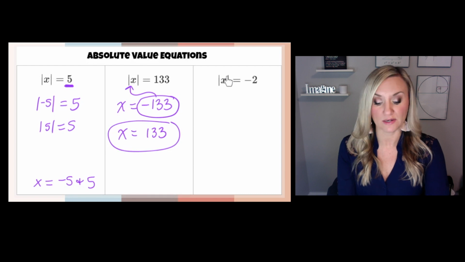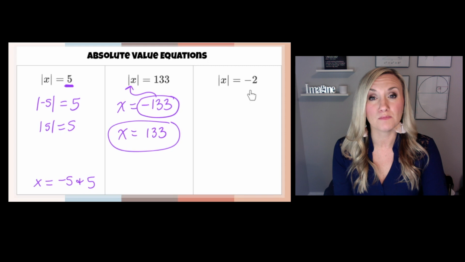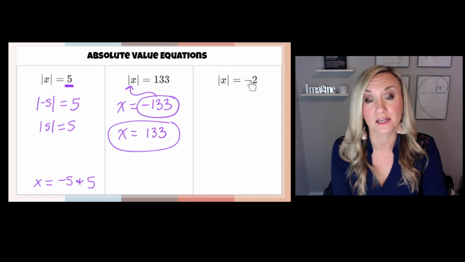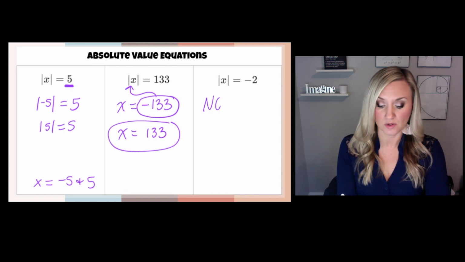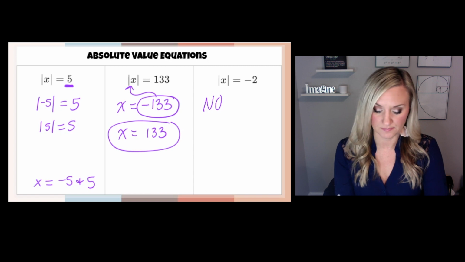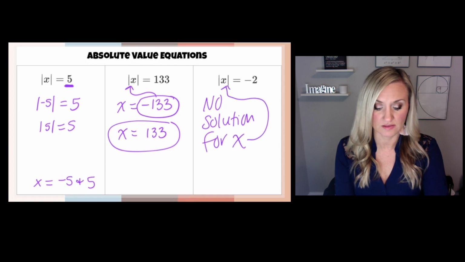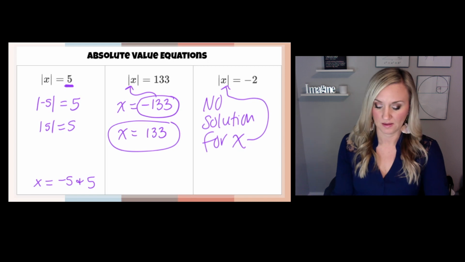Absolute value is telling the reader how many steps away on the number line, and we can't move a distance of negative. I mean, you can walk backwards, but you're still taking 2 positive steps. So this is just not possible. So no, there's no valid solution for x. No solution for x. We cannot plug anything in for x to make that equation true.